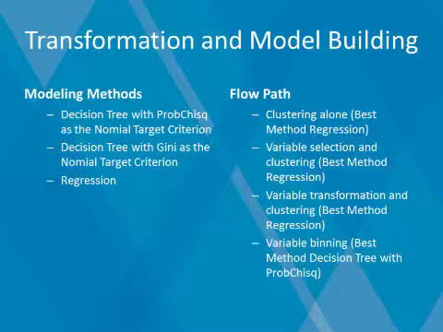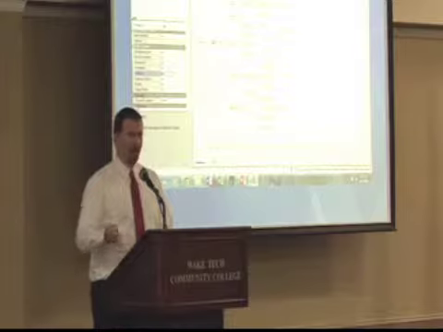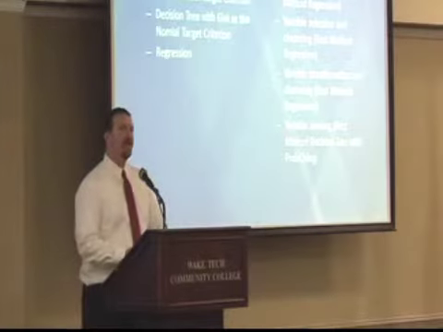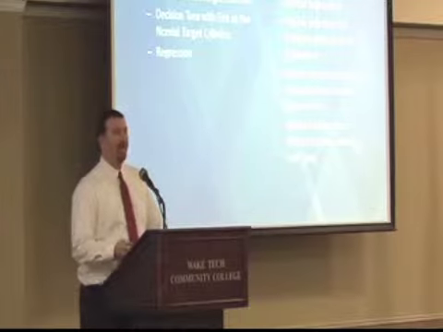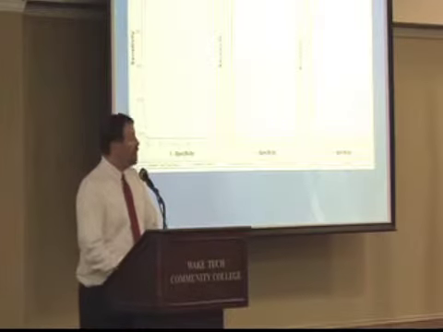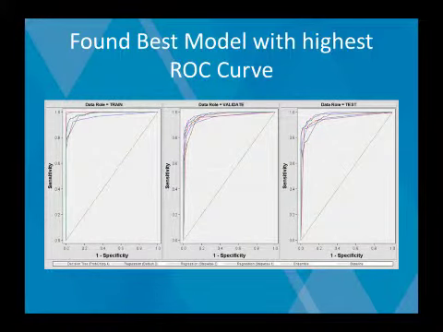And I ran each one of those modeling methods through 4 different flow paths: clustering alone, variable selection and clustering, variable transformation and clustering, as well as variable binning. So that's why all of this looks cluttered, but it also gives us many different aspects of modeling, and it produces a great model. It predicts the validation set to 99%.